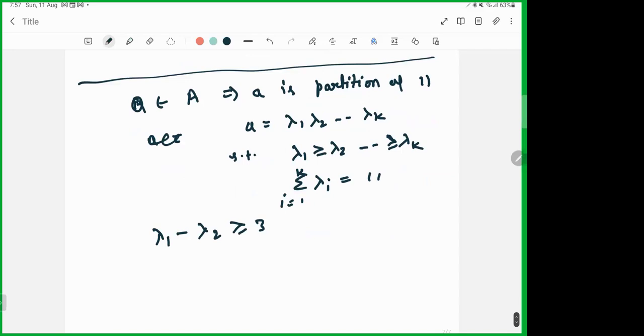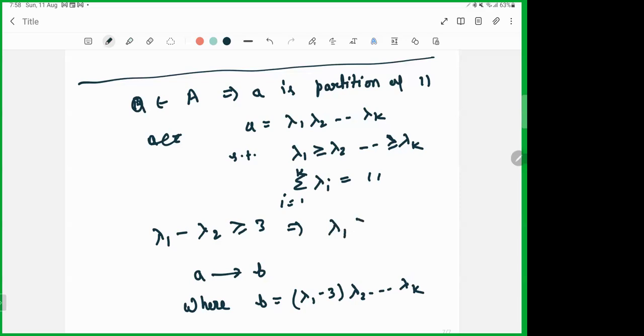So I am giving you a partition, an element b belonging to B. Send a to b, where b is lambda 1 minus 3, lambda 2, and so on up to lambda k. What this condition is saying is lambda 1 is greater than lambda 1 minus 3, which is at least lambda 2.